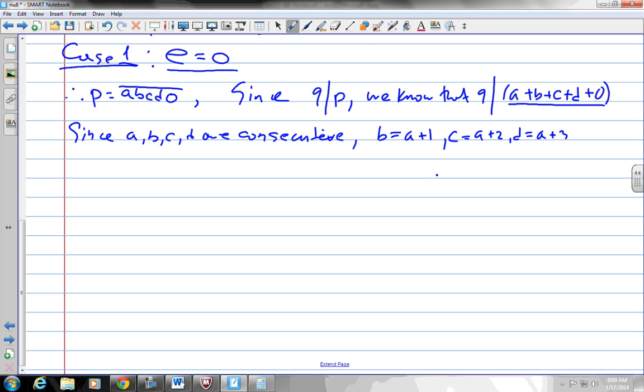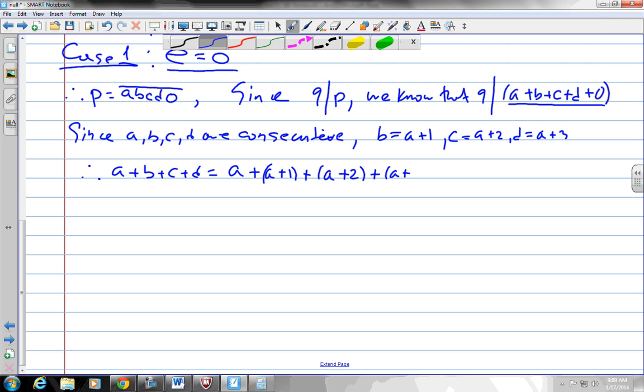So therefore, A plus B plus C plus D can be replaced with A plus A plus 1, that's for B, plus A plus 2, that's for C, plus A plus 3, that's for D. Right, this is what we mean by consecutive digits. The next one is one higher than the one before.